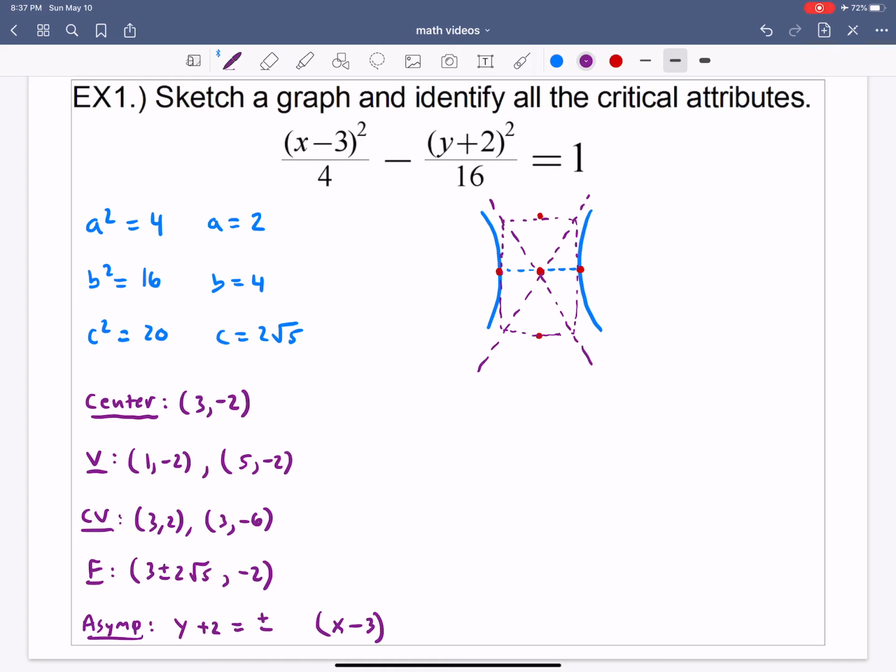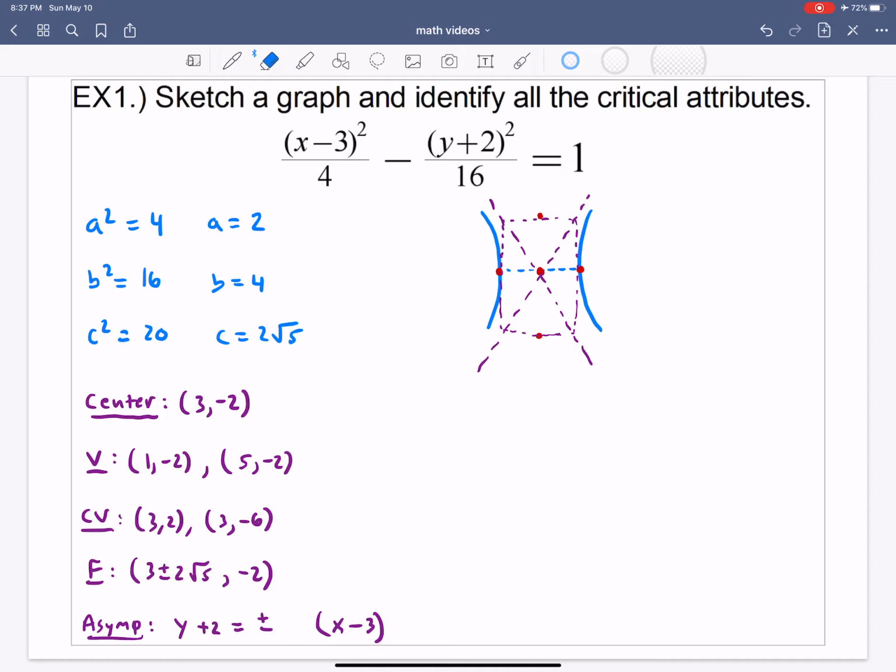Remember, we use the center point. So now we just have to find the slope, and drawing this picture is what's going to help us with that. Remember, the slope is rise over run. On this particular graph, do you rise a or do you rise b? We rise b and we run a. So my slope here is going to be plus or minus b over a.